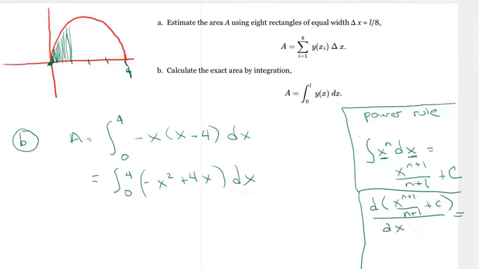You may not know this, but you can look at your formula sheet. n plus 1 is a constant, so I can just take that out of the fraction. Then I just want the derivative of x to the n plus 1. On your sheet, we just take the exponent, which is n plus 1, times x to the n plus 1 minus 1.